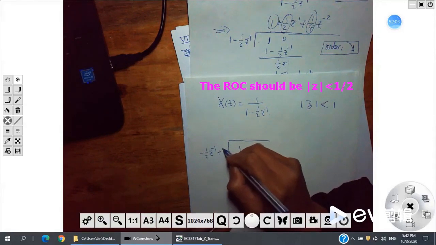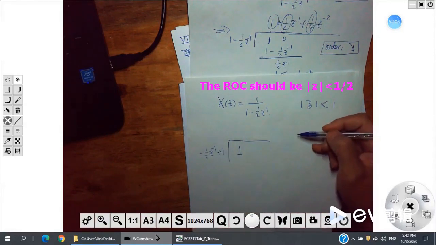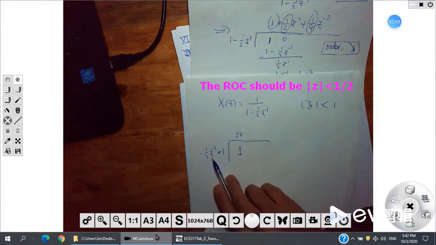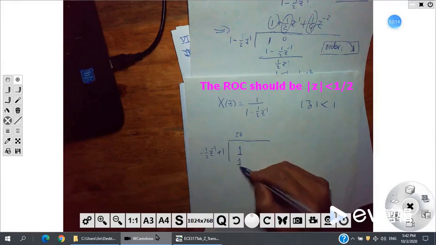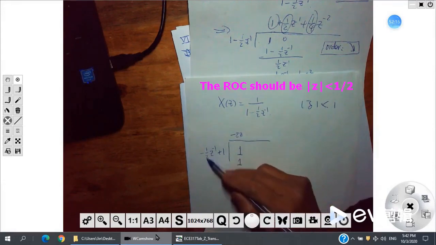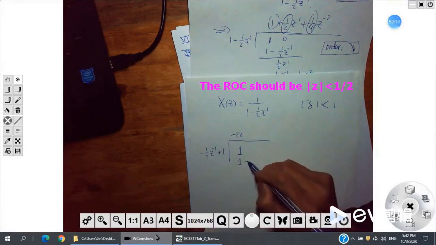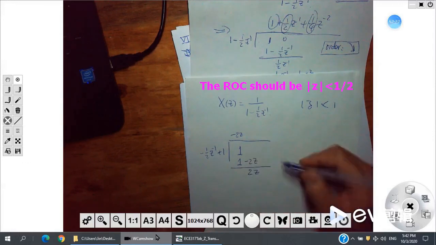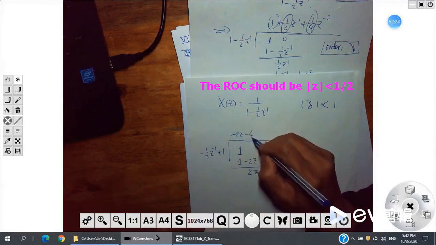Plus 1. Then here you need to put negative 2z, right? Then by negative 2z here you get 1. And this is negative 2z, so here is a positive 2z. And then minus 4z squared.